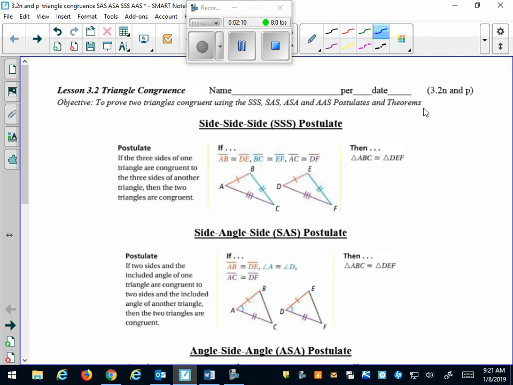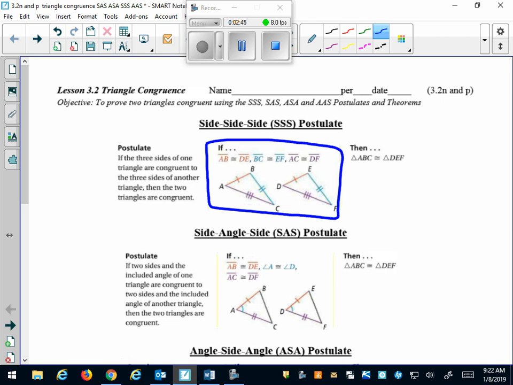So in these two triangles, we would say angle A is congruent to angle D, angle B is congruent to angle E, and C is congruent to F. And then side AB is congruent to side DE, side BC is congruent to EF, and side AC is congruent to DF, right? So there would be 6 pairs of congruent statements we could write. Remember that? Okay.